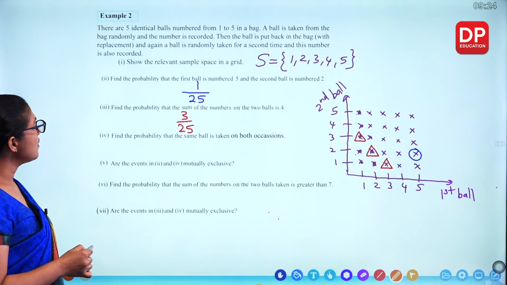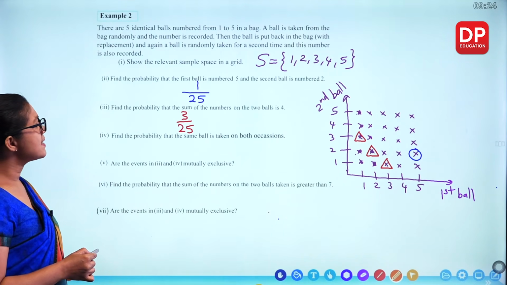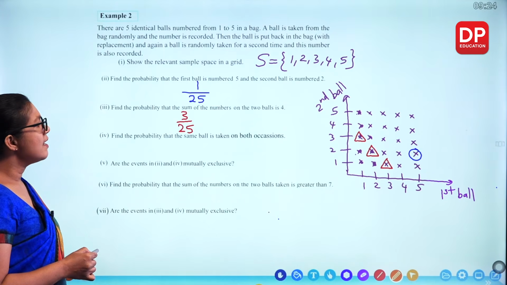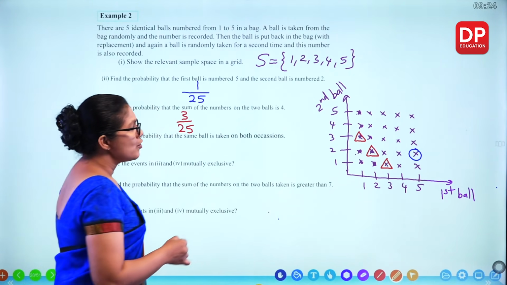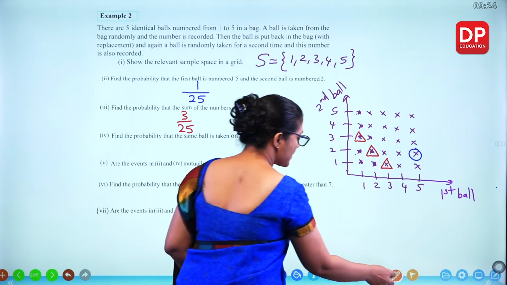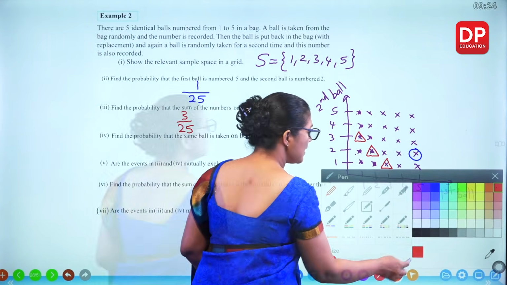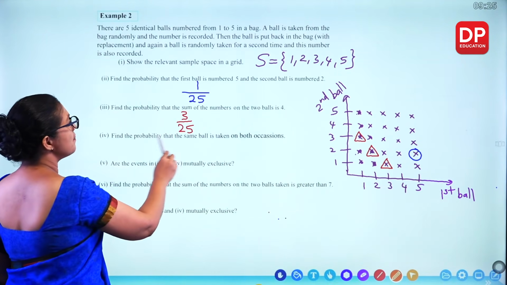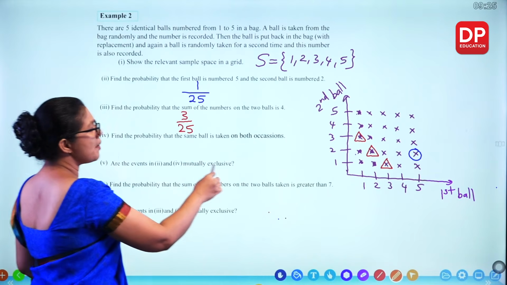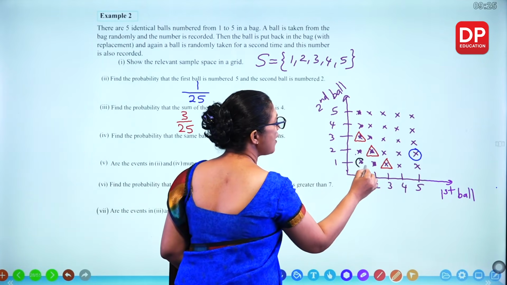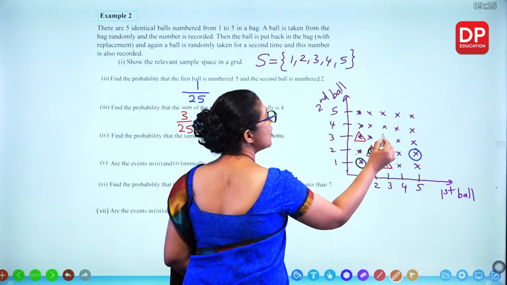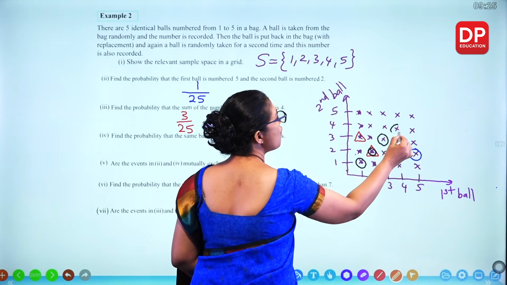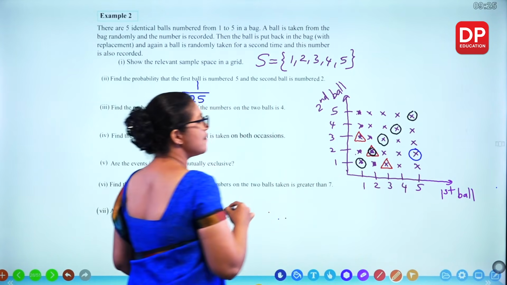Now the fourth one, find the probability that the same ball is taken on both occasions. So now when you take this diagram, same occasion you are getting the same outcome. Same outcome means you can get 1, 1, 2, 2, 3, 3, 4, 4, 5, 5.